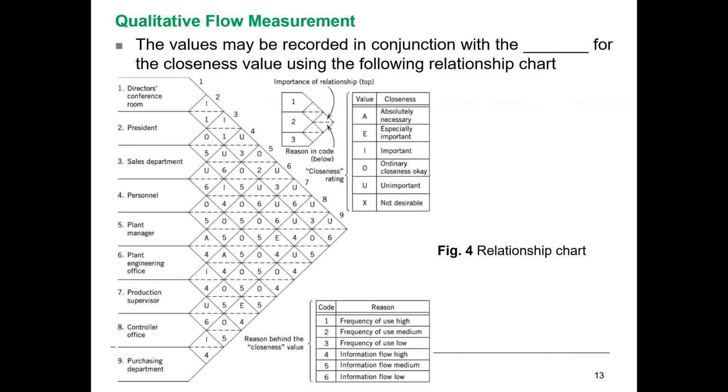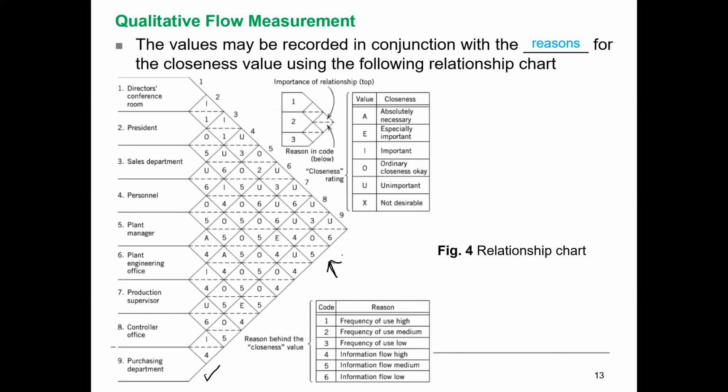So qualitative flow measurement, the values may be recorded in conjunction with the reasons for the closeness value using the following relationship chart. So what I'm showing here is a relationship chart.